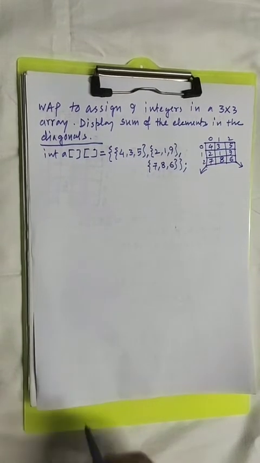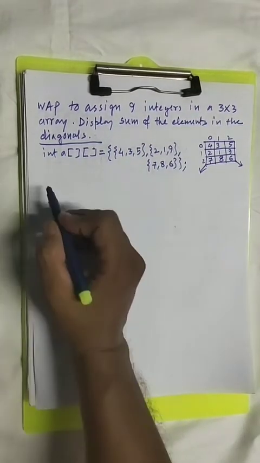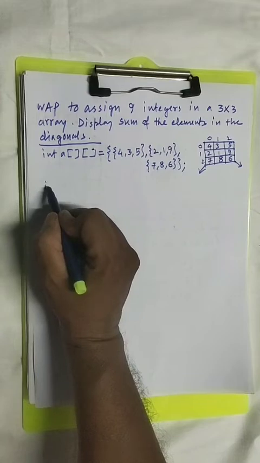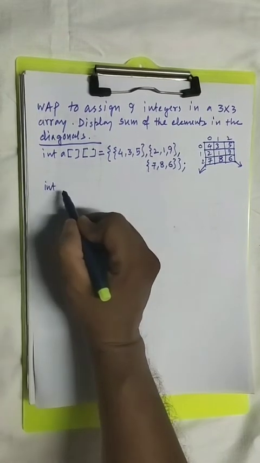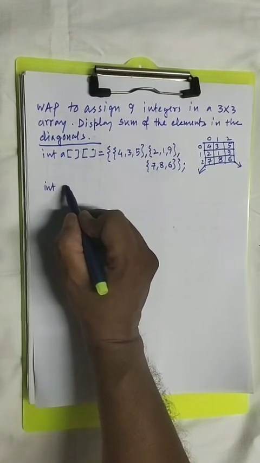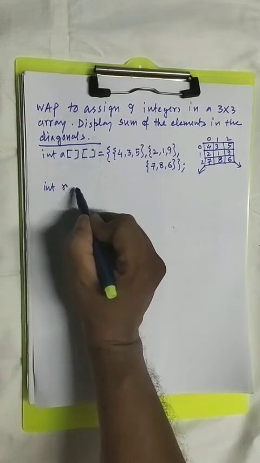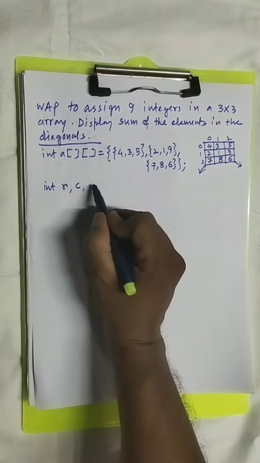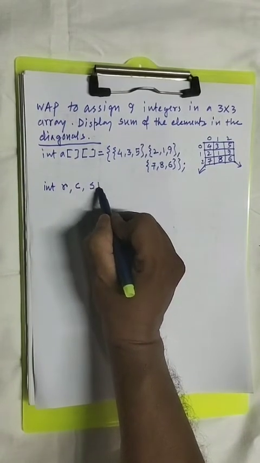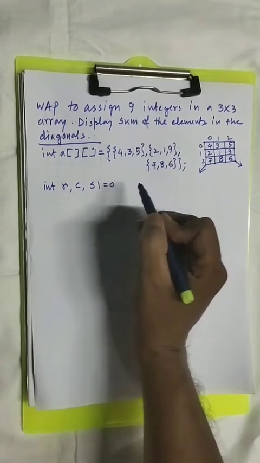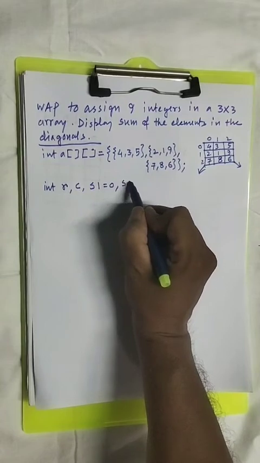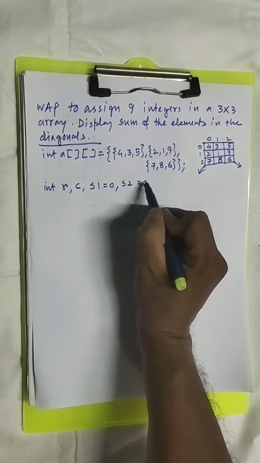Now to find the sum of the diagonals, we need some more int variables. Int r, c, s1 equal to 0, s2 equal to 0.